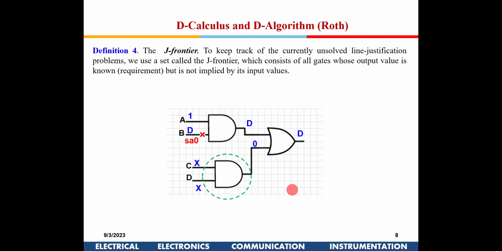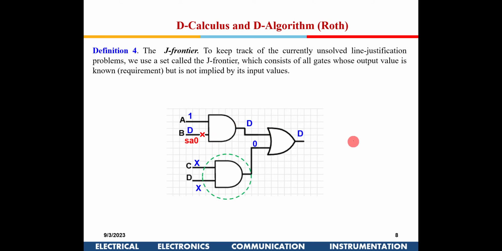Yes, because as of now we are not sure what the requirement is here. First, the fault site will be activated, and that fault will be slowly pushed until it is available at the primary output.